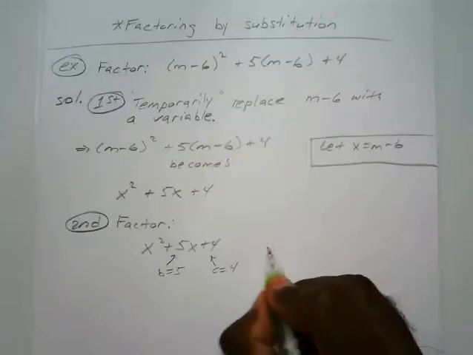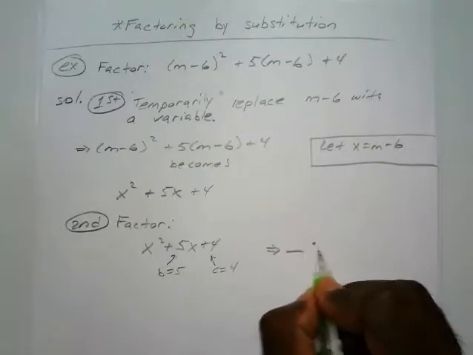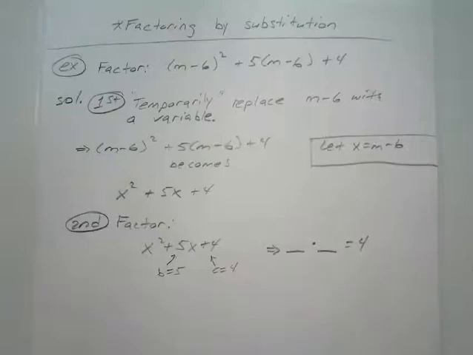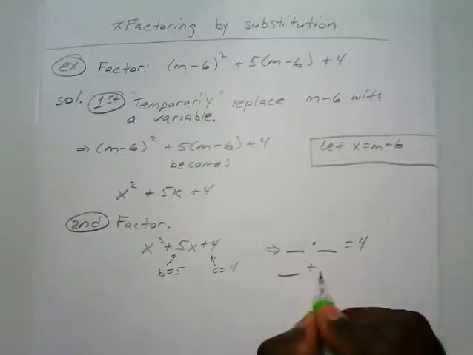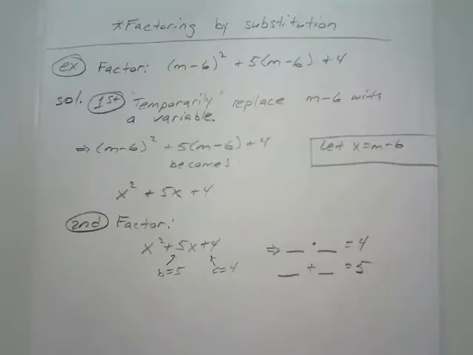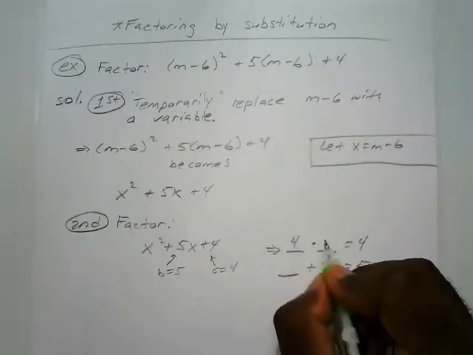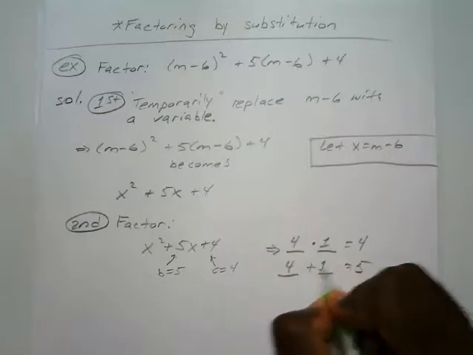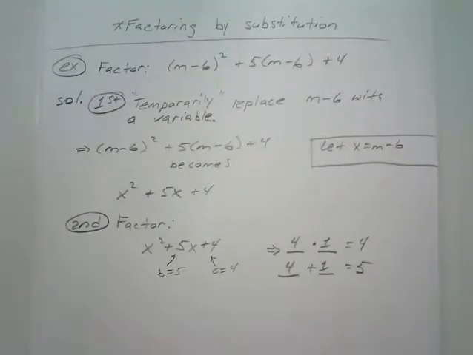We just have to find two numbers that multiply to equal c, which is 4, and those same two numbers add to equal b, which is 5. If you've seen the previous videos, you know that if the absolute value of those two just differ by 1, you can just use 4 times 1 and 4 plus 1. So that means we have the factors x plus 4 times x plus 1.